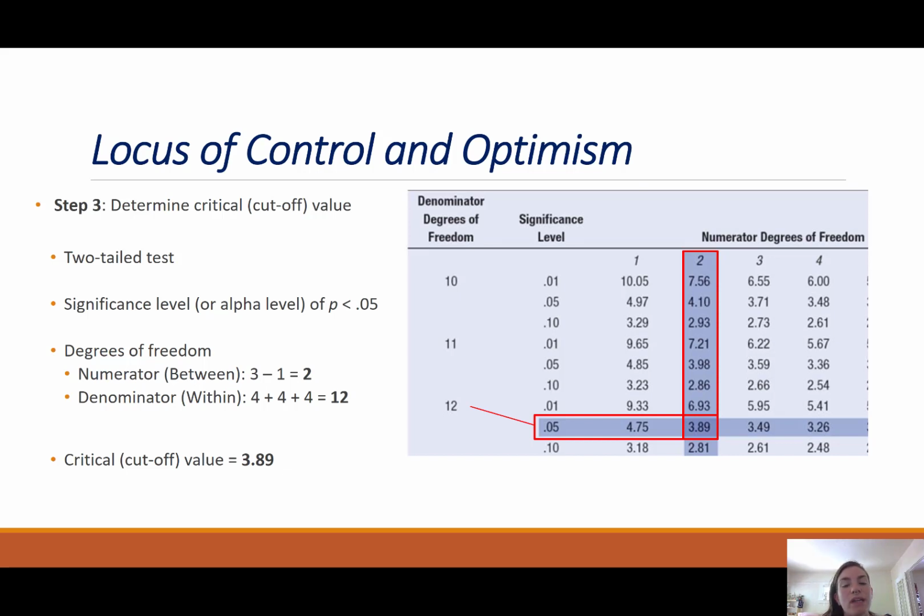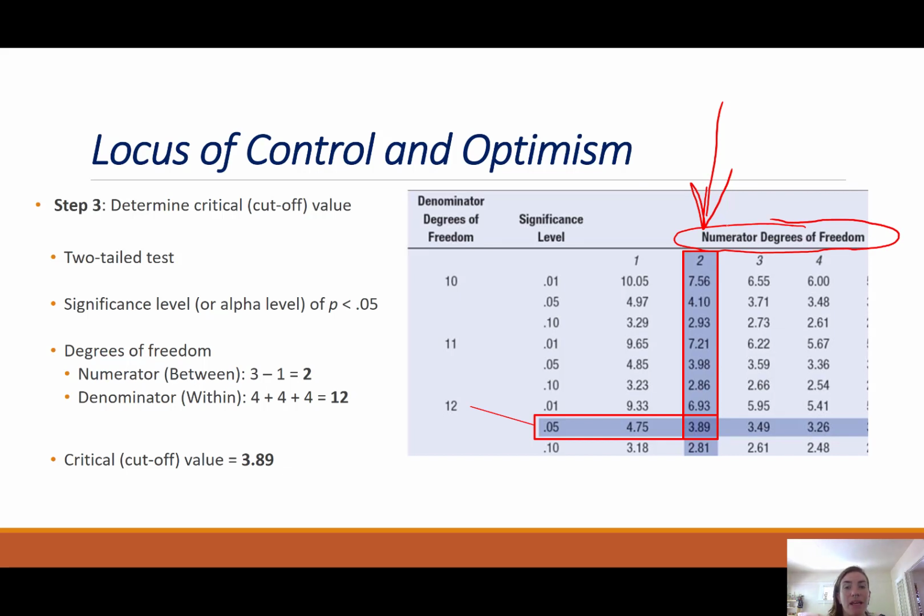And we need to look up 2 different degrees of freedom. There's the degrees of freedom in the numerator, or the between group degrees of freedom, which is number of groups minus 1. So we have 3 groups here, so numerator degrees of freedom is 2.